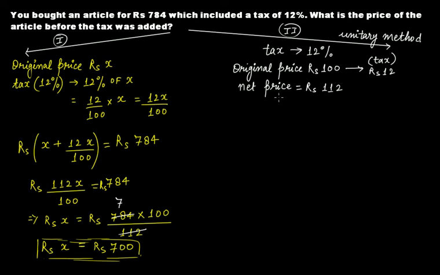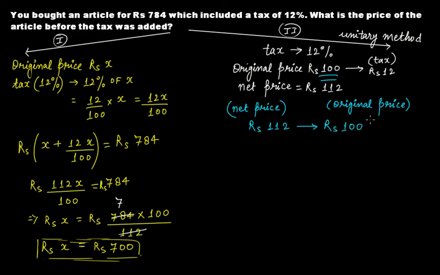Okay, it tells us that if our net price is rupees 112, then in that case the original price is rupees 100, and therefore if you calculate for rupees 1, this becomes rupees 100 by 112.